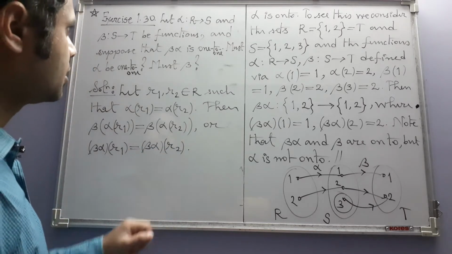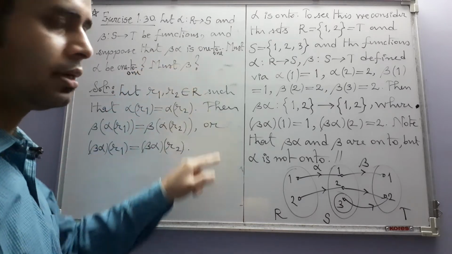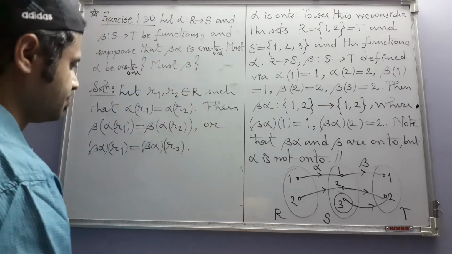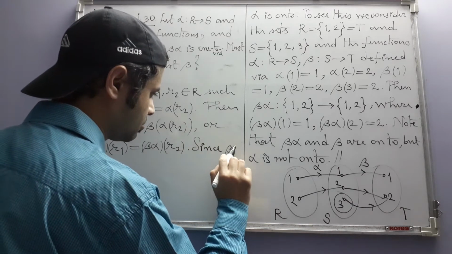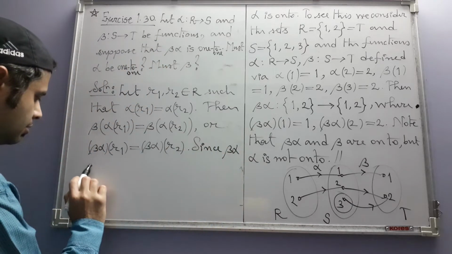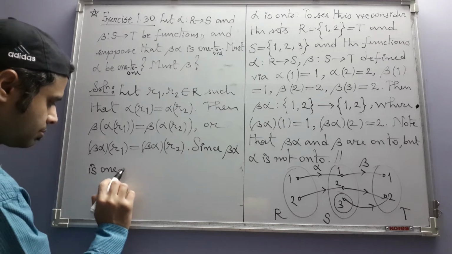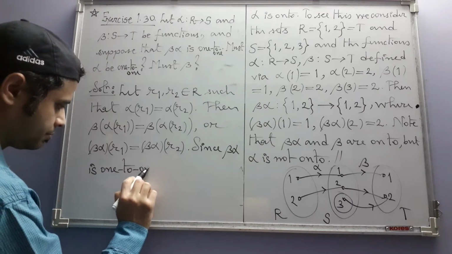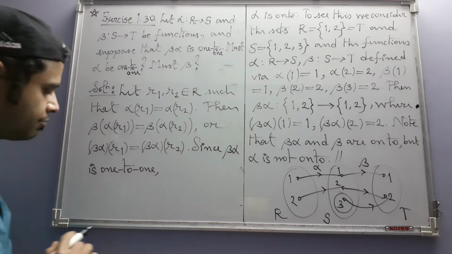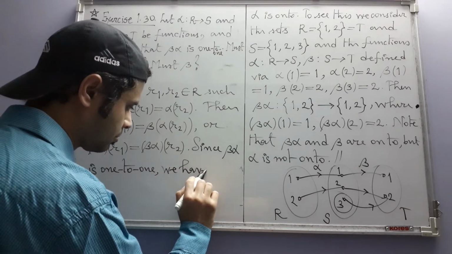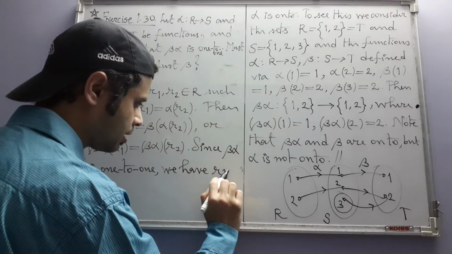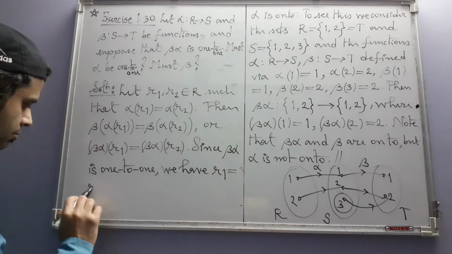Now we invoke the hypothesis that beta alpha is 1 to 1. Since beta alpha is 1 to 1, this last equation implies R1 equal to R2.